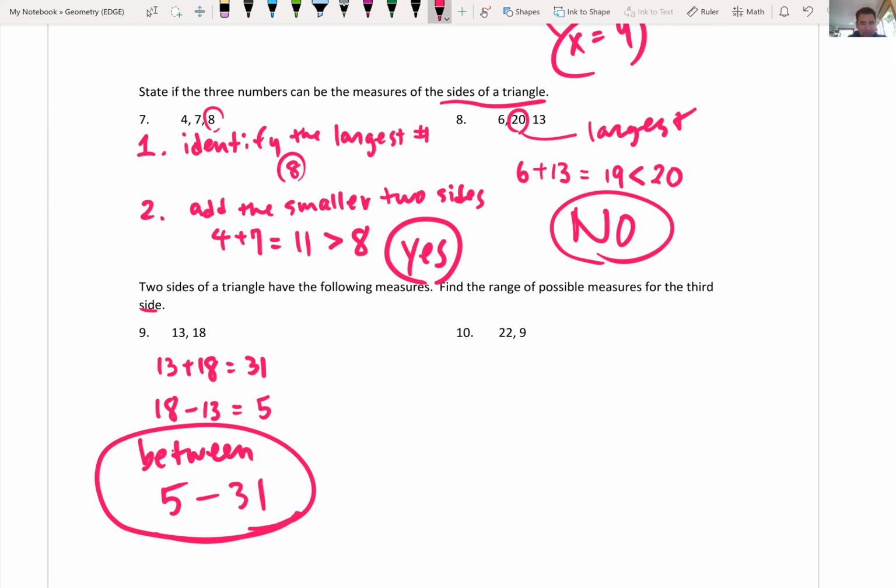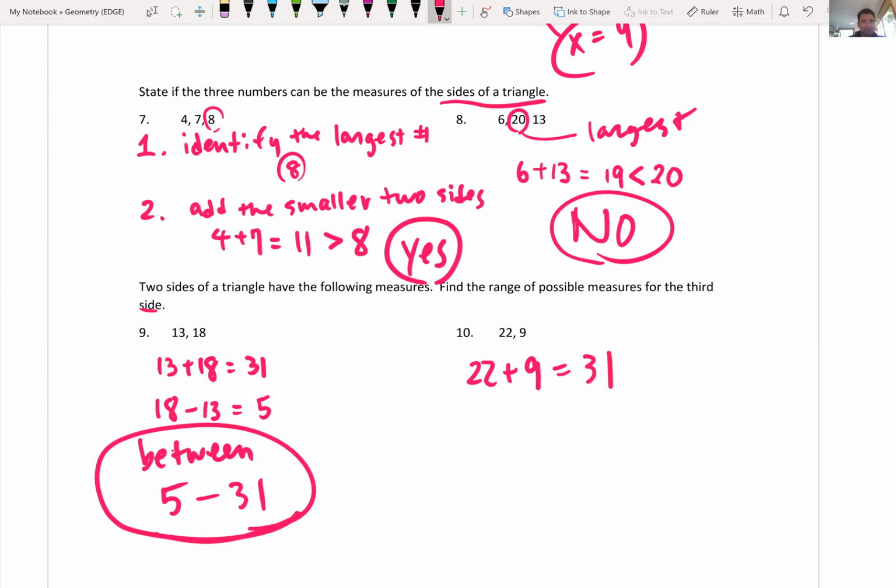Very good. It will be, so again, you add them and subtract them, right? So let's add 22 plus 9 equals 31.